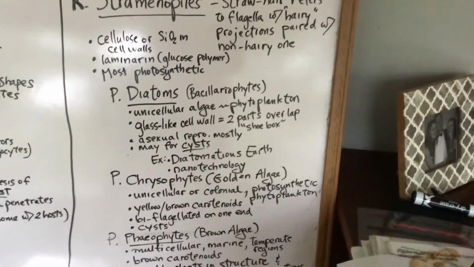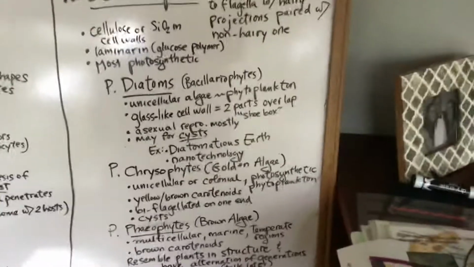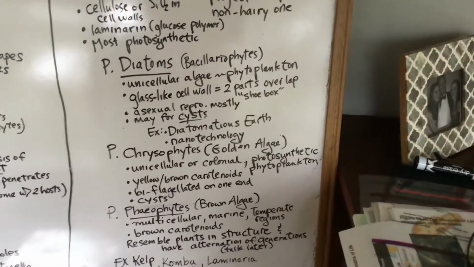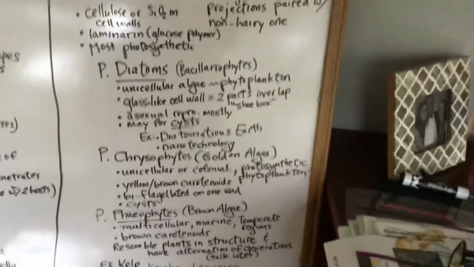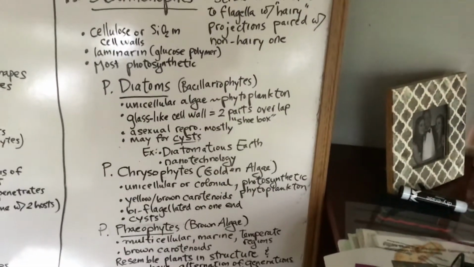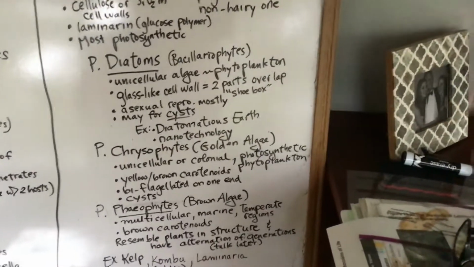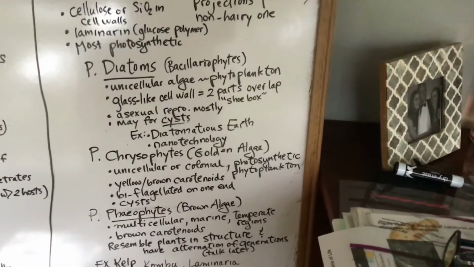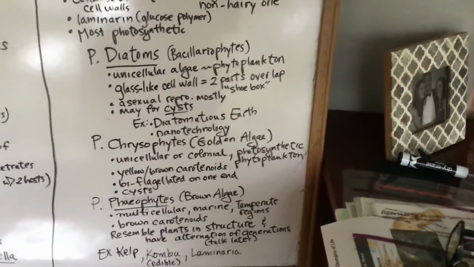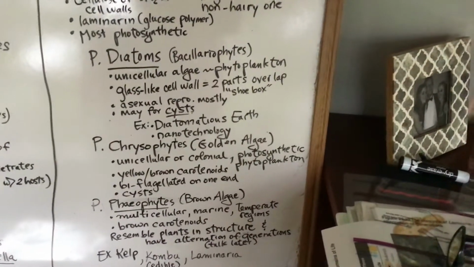And they may form cysts, which are encasings that keep them dormant for a long period of time. Some examples are diatomaceous earth. A lot of people use this as a nematode amendment to the soil. That is because the glass in their cell walls will, as the nematode eats it, tear up their internal structures and kill the nematode, so it's good.